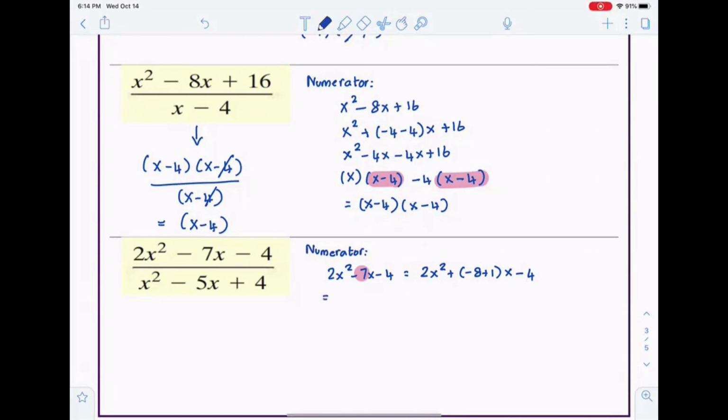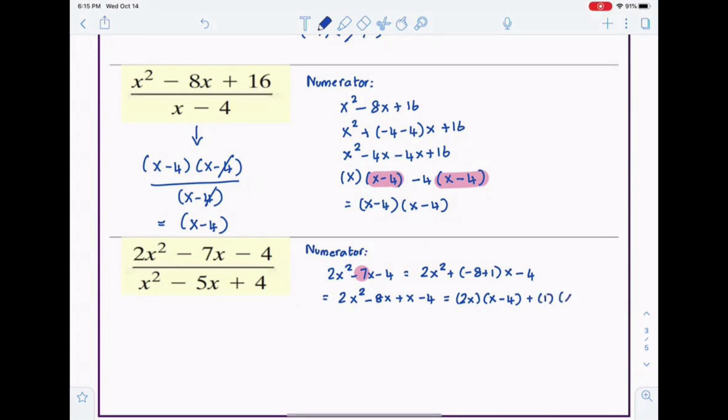So we would have 2x squared minus 8x plus x minus 4. Now, in the first two terms, we have a 2x in common. So if I pull that out, I would have x minus 4. In the last two terms, we simply have 1 in common.